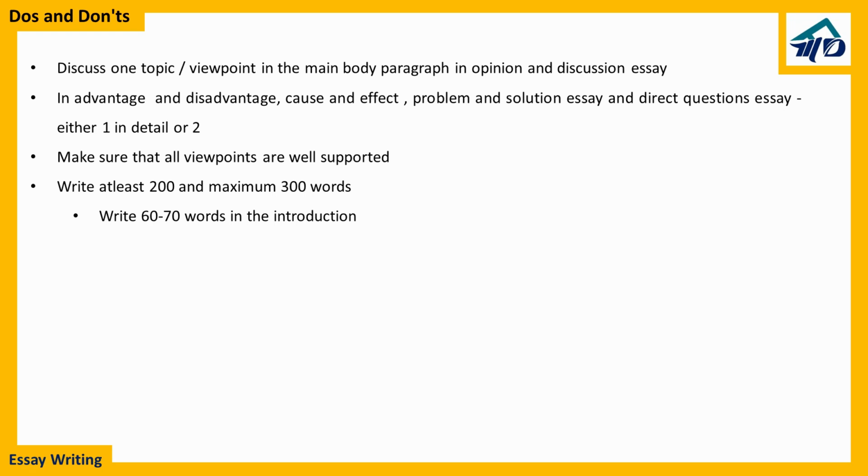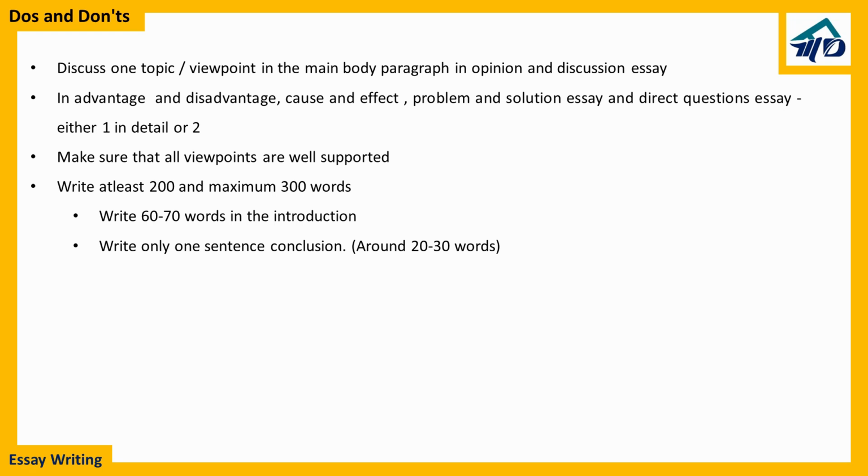About the introduction, 60 to 70 words. About the conclusion, a one sentence conclusion, around 20 to 30 words, not more than that. So always count your words in the introduction. Let's say you have written 80 words in the introduction, and you are going to write, let's say, 25 words in the conclusion. So 80 plus 25, 105.